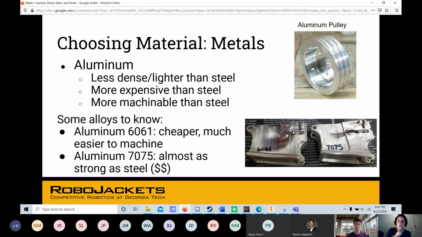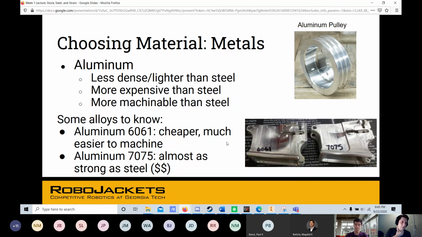Something to note with aluminum specifically, like those alloys, is you'll notice here, 6061 is a lot less strong than 7075. Typically with the aluminum series, the lower the number, the more ductile but much weaker the material is. And that's just something to keep in mind.